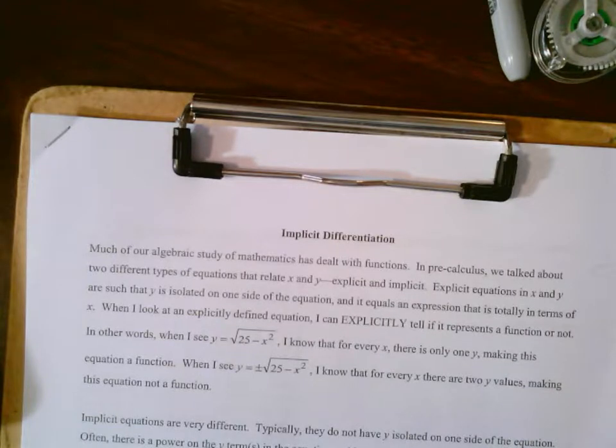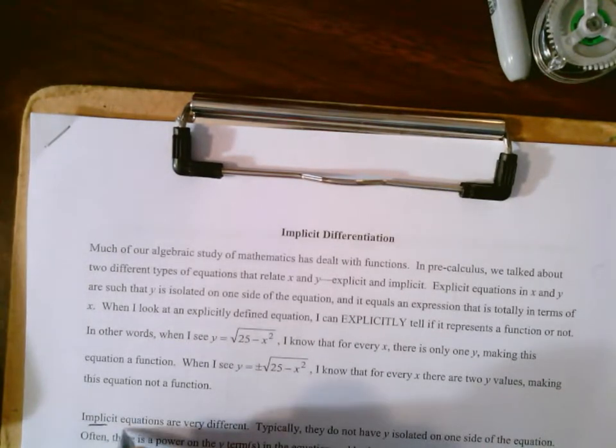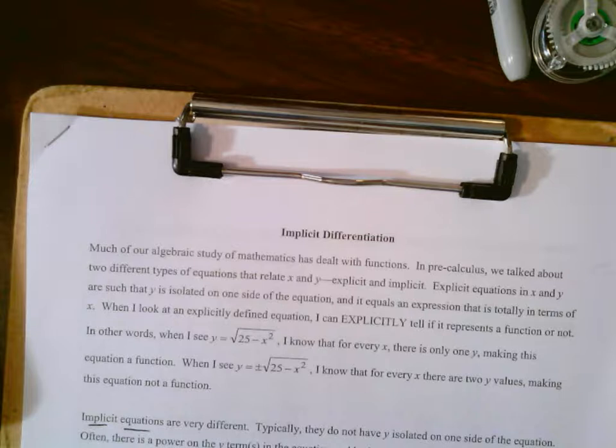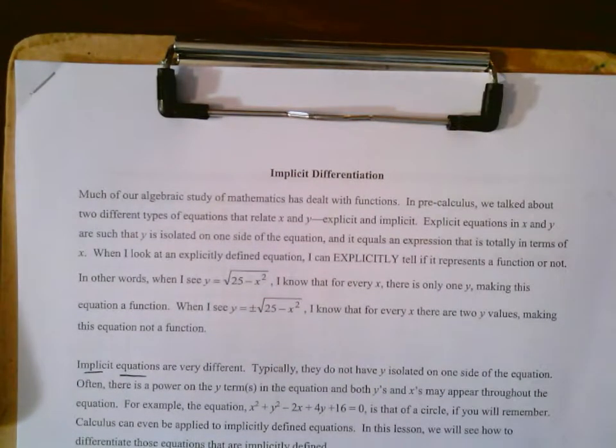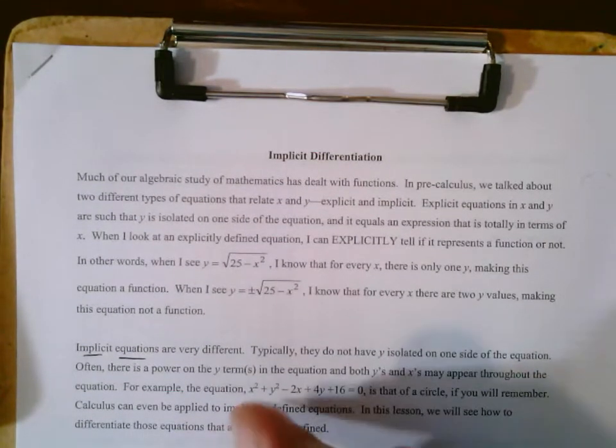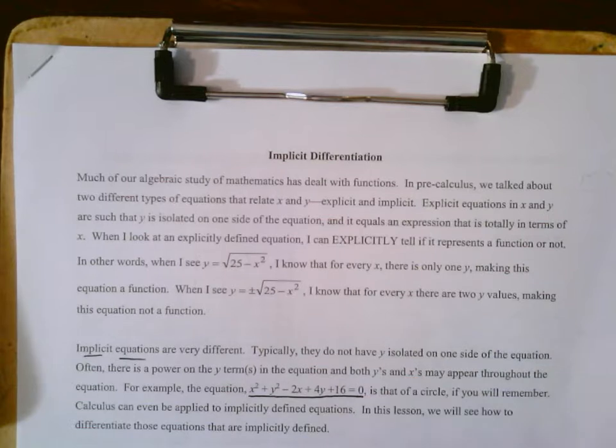Implicit equations typically have more y terms, not always y equals something. Here's an example of an implicit equation.